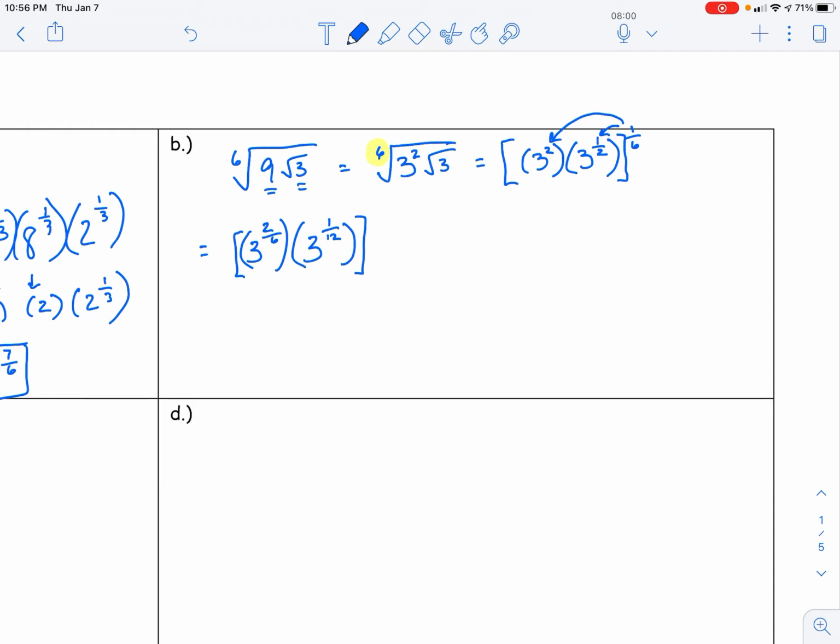And that's the reason I didn't reduce it, because actually I need to have common denominators of 12. So let's keep going. 3, and I'm going to make this 12, so it's 4/12. And 3 and 1/12. So now I can add those exponents, and I'm going to end up with the base of 3. I add those exponents, and they're 5/12. And that would be the answer for letter B.